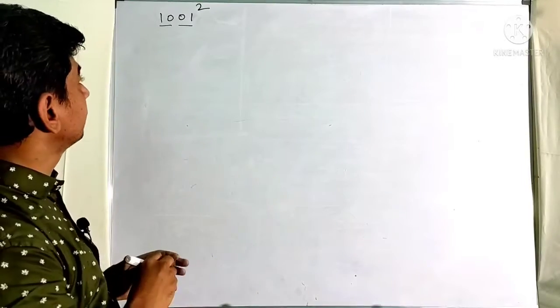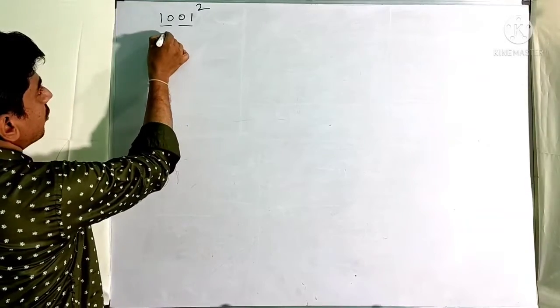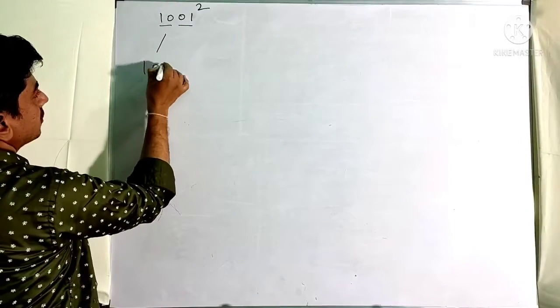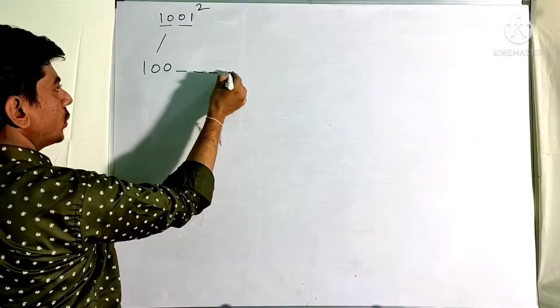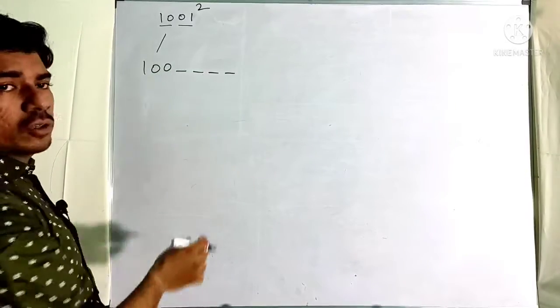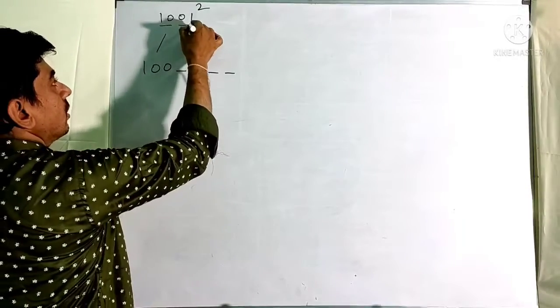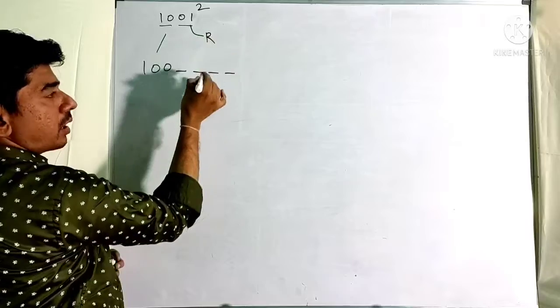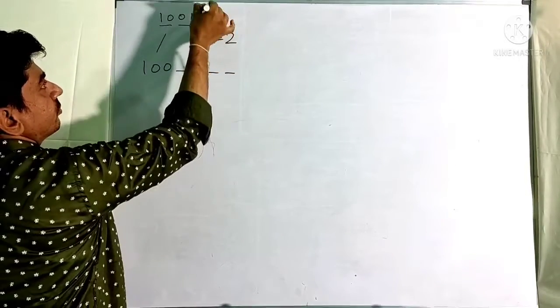Okay, now the square of 10 will be 100, and here we are taking the square of a 2-digit number, therefore we have to write it in 4 digits, and the right part consists of 2 digits.